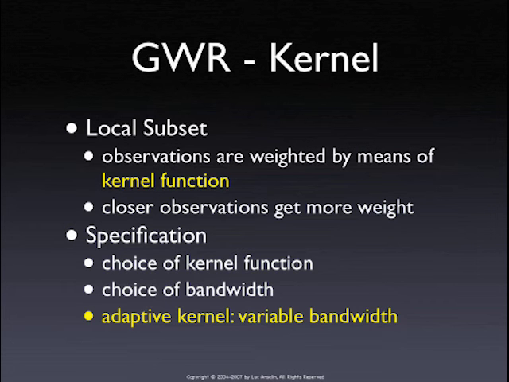So GWR is some kind of compromise between the two that determines an optimal bandwidth, so that there are sufficient data points within the kernel to get a reliable estimate for the slope, in terms of variance and standard error, but not so large a bandwidth that there are too many data points and the heterogeneity is washed away.